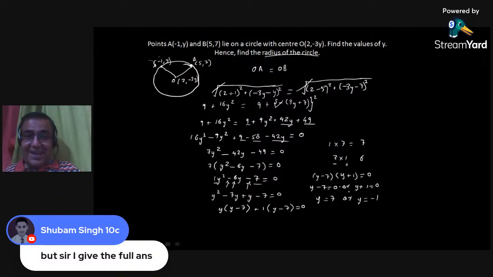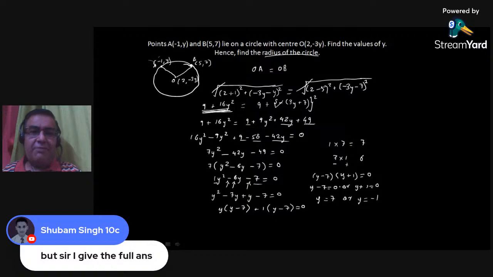Hmm, tricky situation, but I think I'll have to let us find the radius also. Let's see if it is correct or not. So basically, this is what we need to find out. Shubham, you also have still not given the full answer. Okay, radius is just how much?